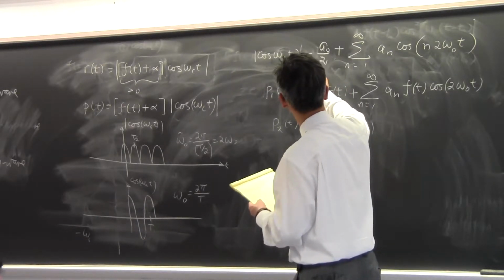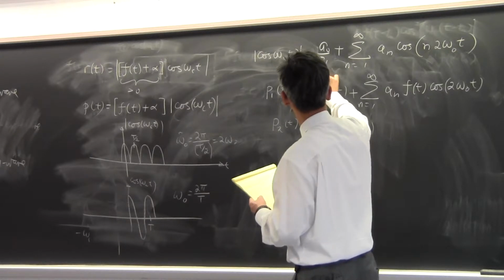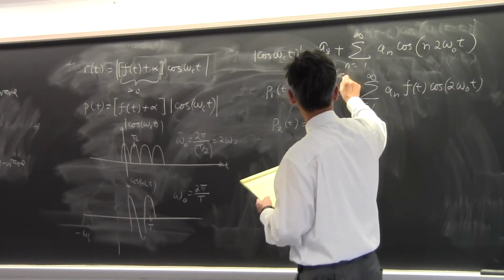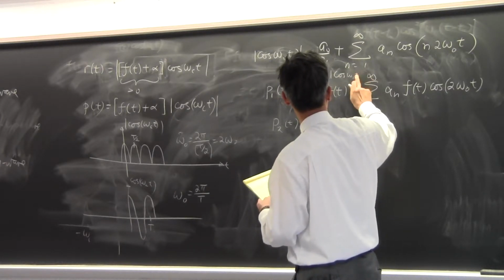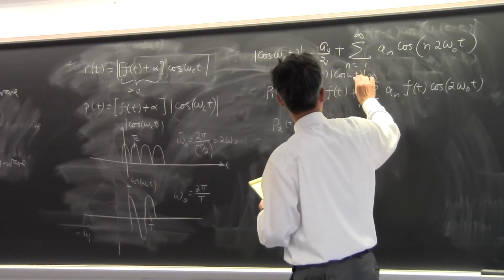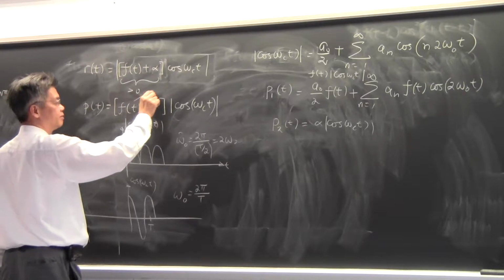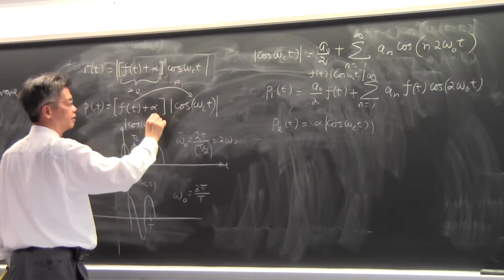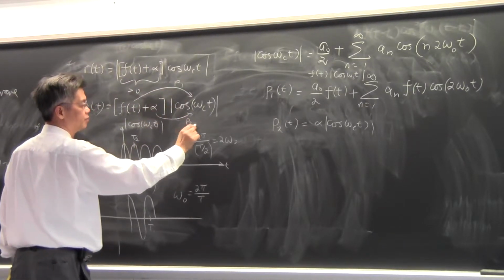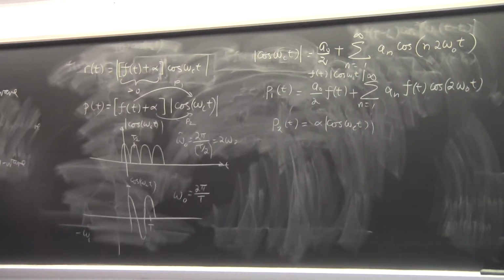Okay, this p1(t) is actually f(t) times cosine of omega_c t. Okay, p1(t) is just this term and this term. Okay, this one is p1. The other one is p2. Okay, those are the two things over there.